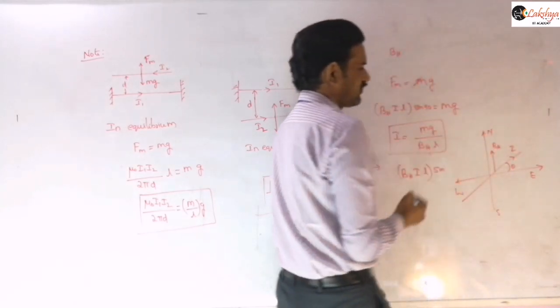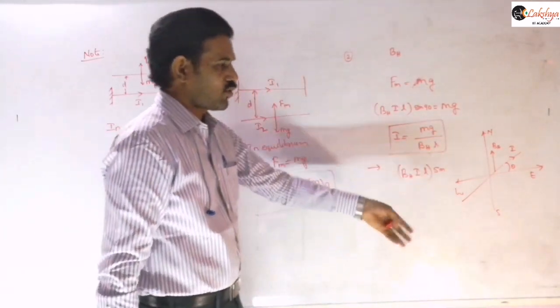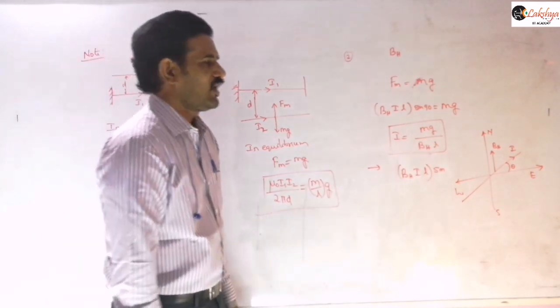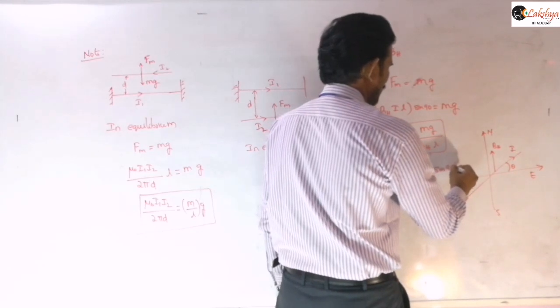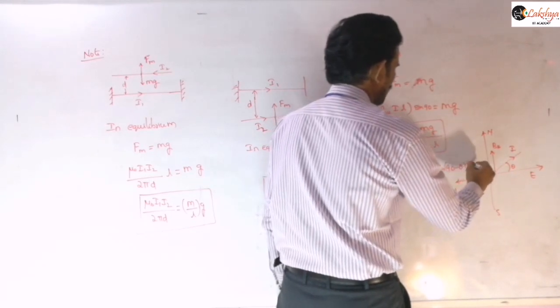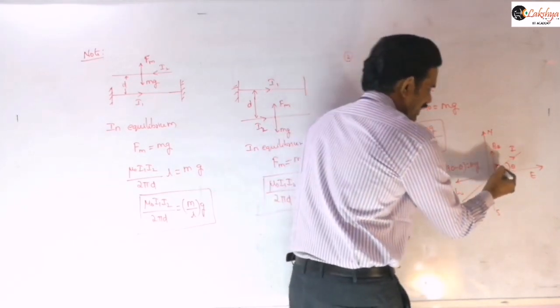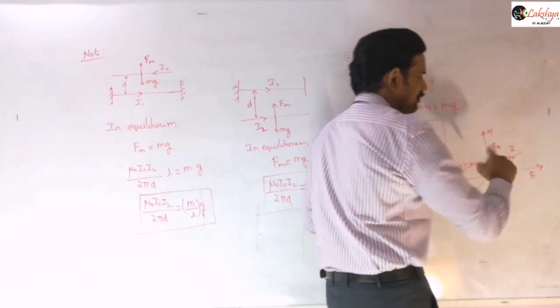The Earth's magnetic field, as I said, will be from geographical south to geographical north. That is the direction of BH. And so now we need to write this expression with 90 minus theta. That is equal to mg. BIL, this angle you need to write here. This angle will be 90 minus theta, the angle between B bar and L bar.